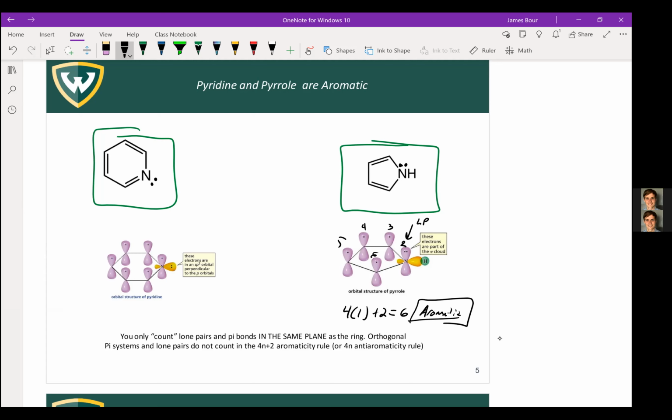However, this lone pair is not in the pi system of the ring. This lone pair is at a 90-degree angle, okay? And so we don't count this lone pair. It has to be in the same ring. Over here with pyrrole, it's implied that it's in the pi system of the ring. With pyridine, it is not.